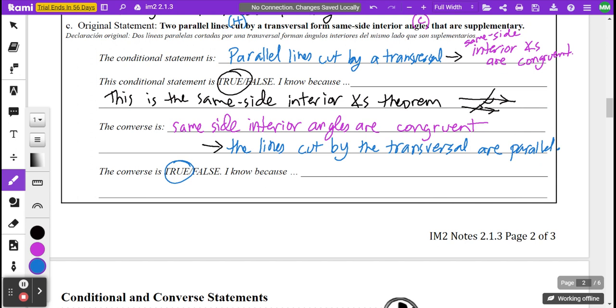And in order to prove it, we can use corresponding angles. So I'll do a quick kind of hand-wavy argument proof. Let's let this be A, this be B, and this be C. Angle A is congruent to angle C by corresponding angles.